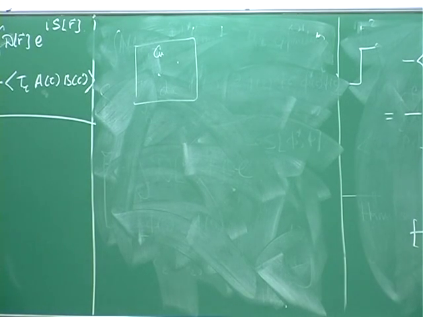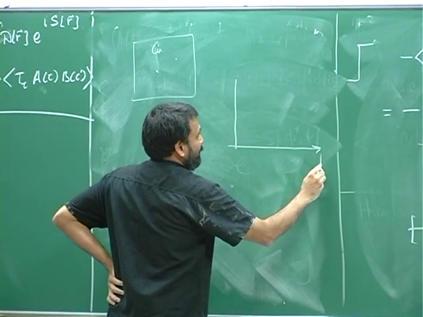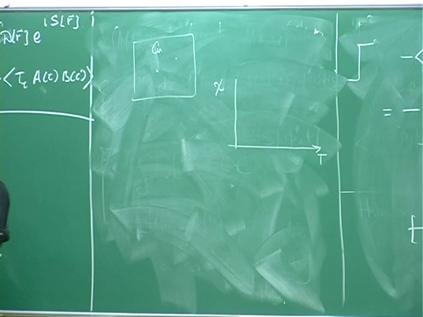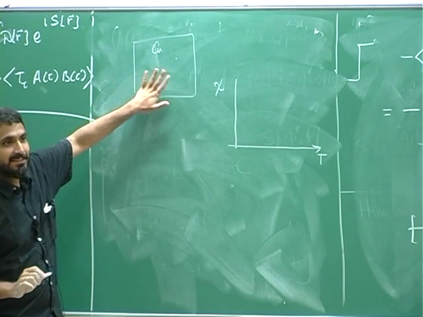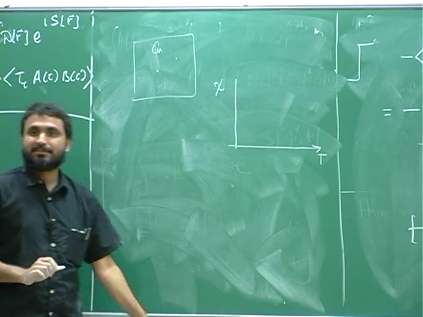Okay. Now I ask you the following question. I have temperature, and I'm going to measure the susceptibility of the system, magnetic susceptibility of the system. Let's just assume that copper is a simple metal without any complications. If I did not have these magnetic impurities, what will this curve look like?